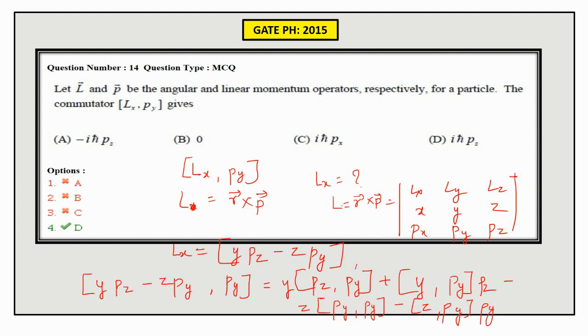This will go zero, obviously this will also go zero, and this will also go zero. Now we are left with y, py, pz, and you know y py is i h cross pz, right? So this is the answer.